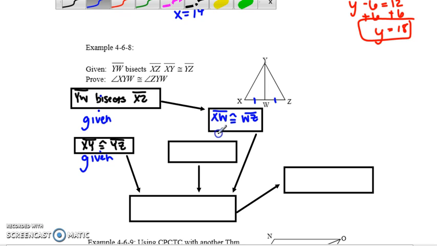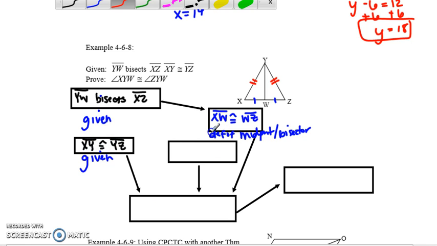And the reason for that is definition of bisect, or midpoint, or bisector. All right, so then let's mark this in our picture that XY is congruent to YZ. Mark that with two tick marks there, but that's not going to lead to anything else. So it's kind of its own separate thing here.